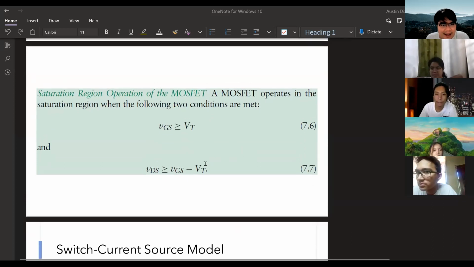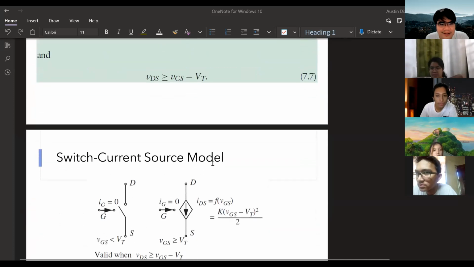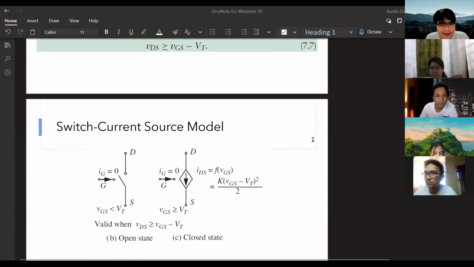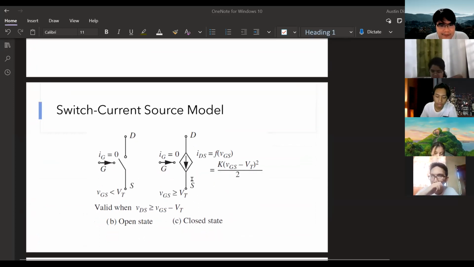So with that, let's have a better representation of the MOSFET. So ito ay yung switch current source model. So switch tapos current source. So switch dahil nakapatay. Then pag binuksan mo, magiging current source na siya. Dependent current source. Okay?